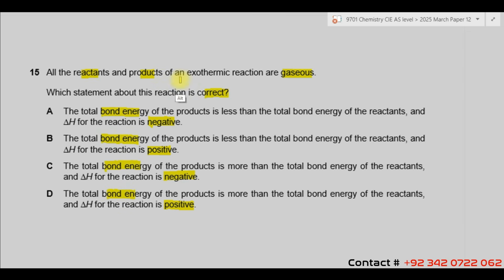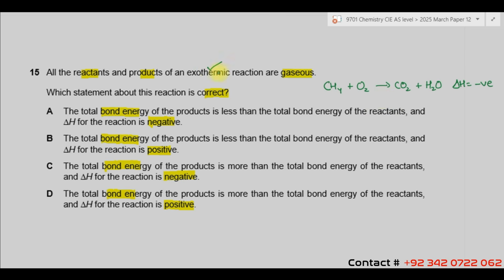So let's suppose we have a chemical reaction which is exothermic. Let's suppose CH4, methane, reacts with oxygen, combusts to form CO2 and water. Enthalpy change is negative because the reaction is exothermic, as a lot of heat is also produced.